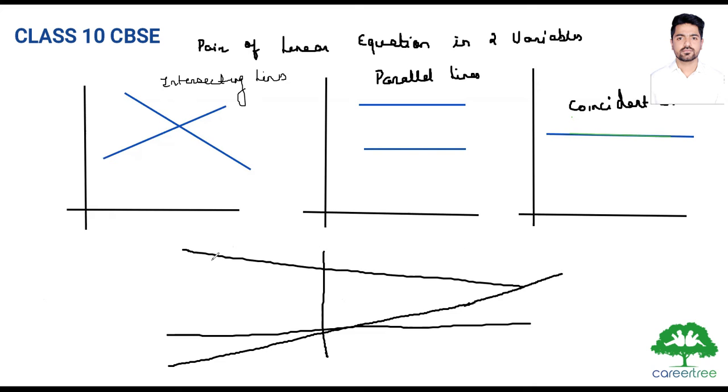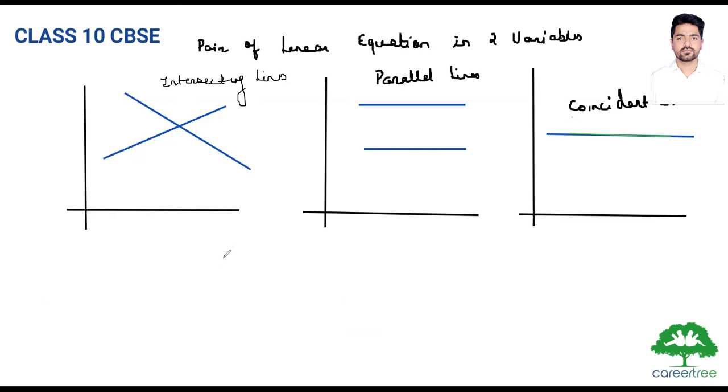If they are not parallel, then at some point they will always intersect. If they are parallel, they will never intersect.